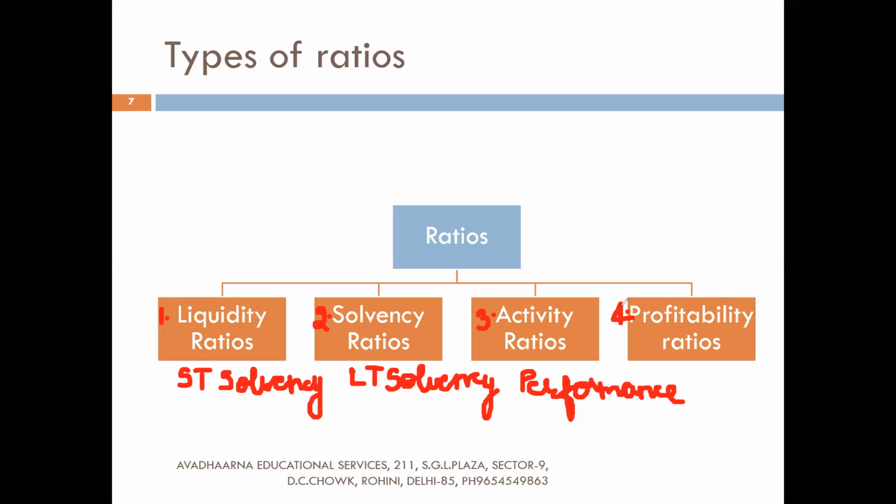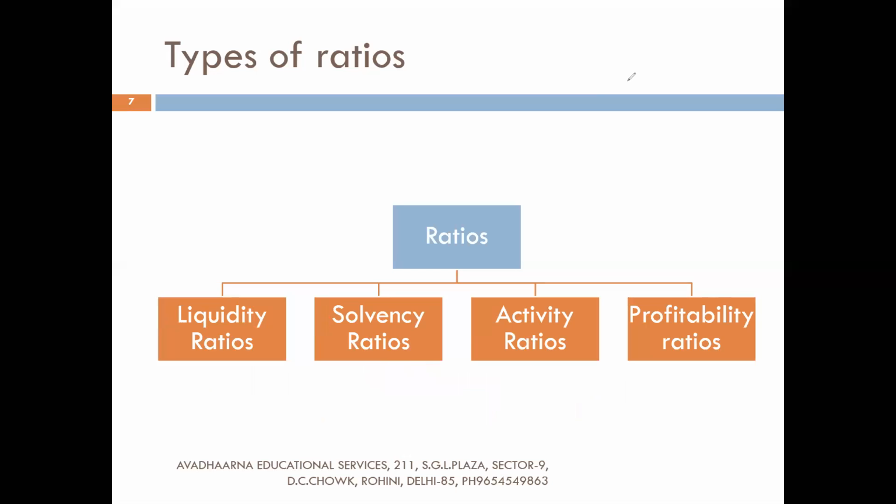Profitability ratios of the firm are calculated to measure the profitability. Various types of profits are compared with the sales, and we comment upon the efficiency of the business. Now we are going to take up each of these ratios in detail.